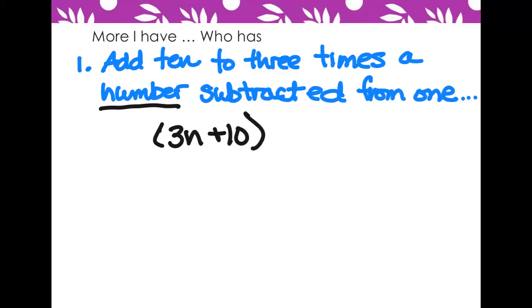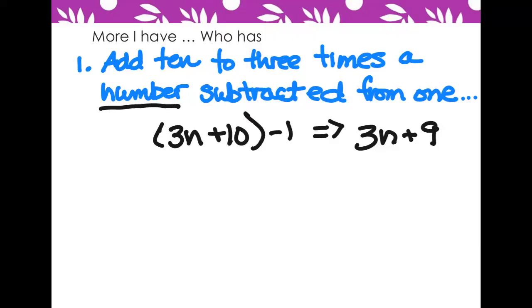3n plus 10, and then what? Minus 1. Can you simplify that? Okay, so that would be 3n plus 9. So we have our first answer. Anybody else get 3n plus 9?